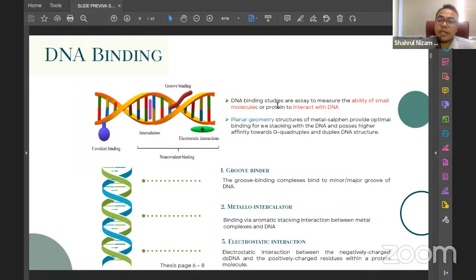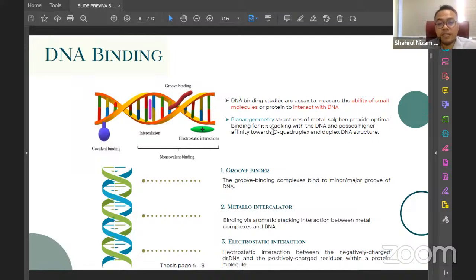Now, DNA binding studies are assayed to measure the ability of small molecules or proteins to interact with DNA. I've told you that. And planar geometry, this is something that I would like to emphasize. Planar geometry structures of metal complexes provide optimal binding for pi-pi stacking. Now, there are reasons why we use palladium, nickel, and platinum: we want the planarity of the structure.